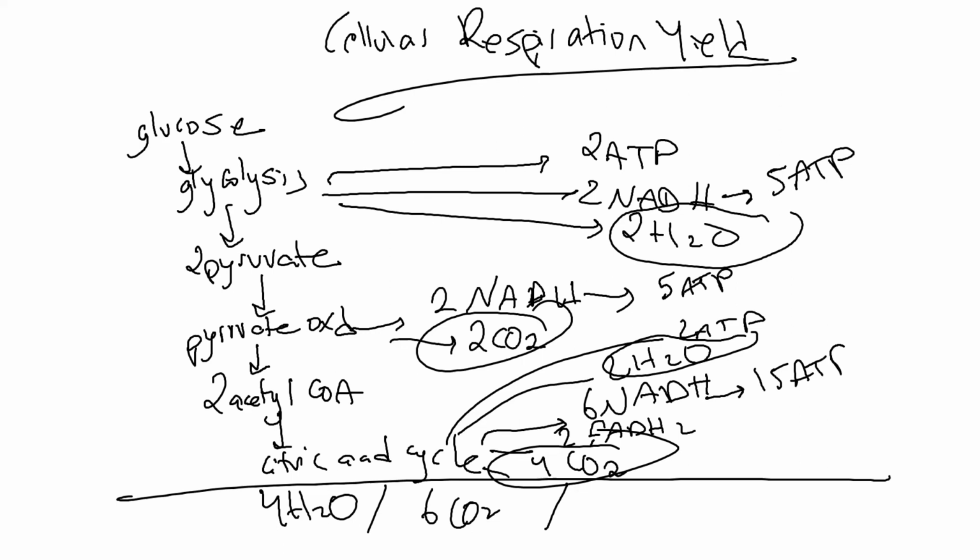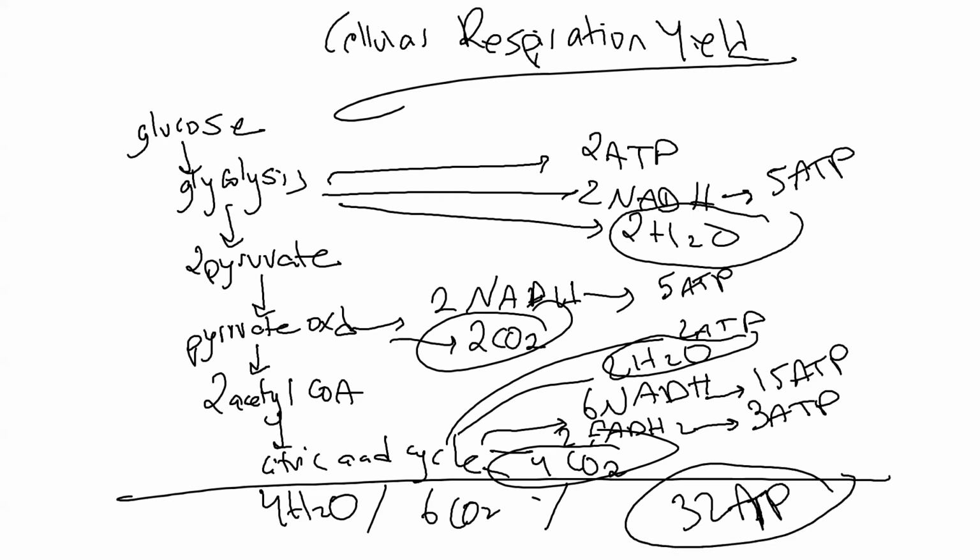FADH2 is 1.5, means we have here 3 ATP. And if we add them, we will end up with 32 ATP as a yield. So 6 CO2, 4 H2O, and 32 ATP.